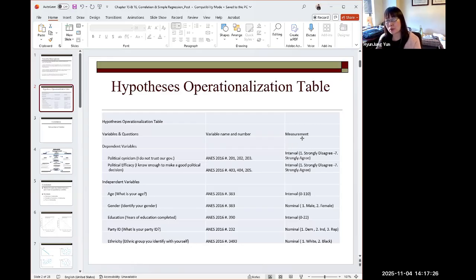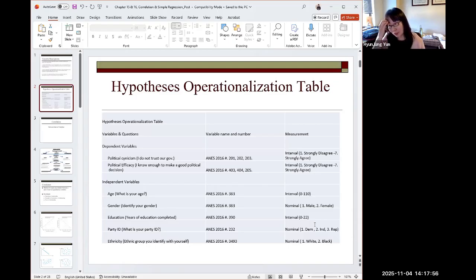The important thing is measurement. Whether it is originally coded, one is male and two is female, just put it down there. And if you recode it, or reverse code it, from strongly disagree as 1, strongly agree as 7, just put that down as ordinal. So maybe we can decide that we're going to use it as a nominal variable or interval variable.